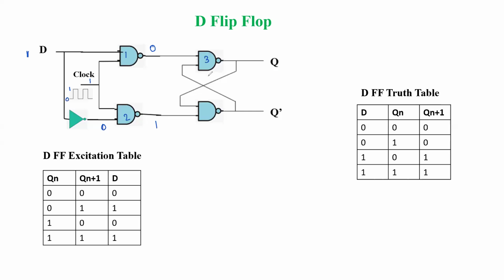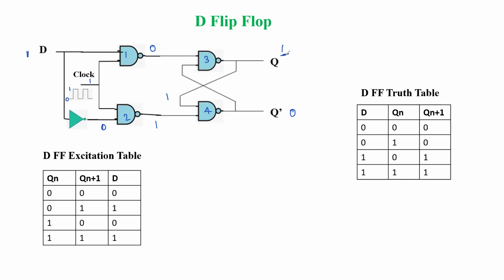Now we are able to predict the output of NAND gate 3, since one of the inputs is 0. So Q will be 1. Now this Q is given back as the input, so the NAND gate 4 output is 0. So now Q is 1, Q dash is 0.